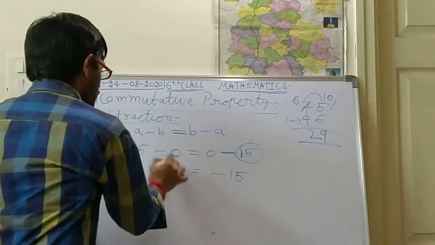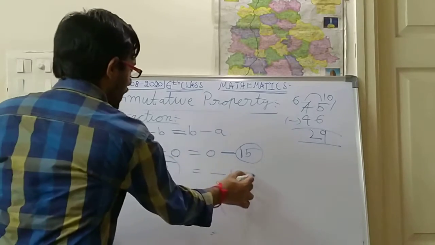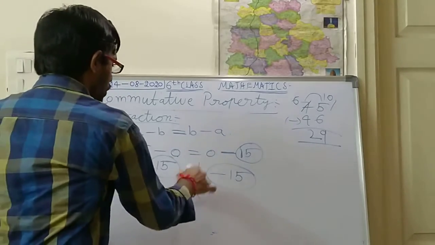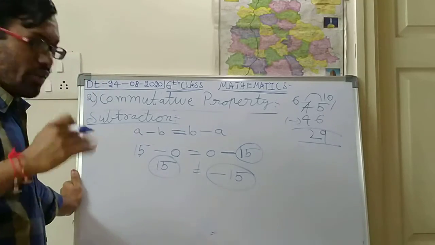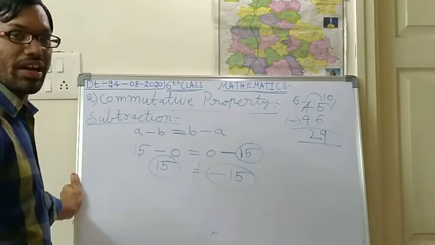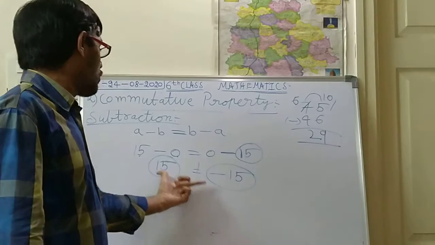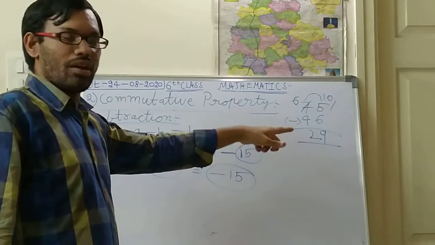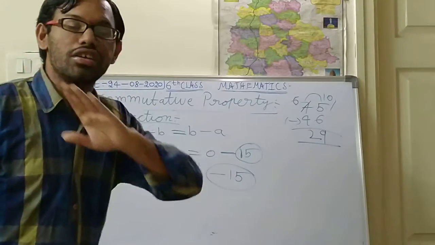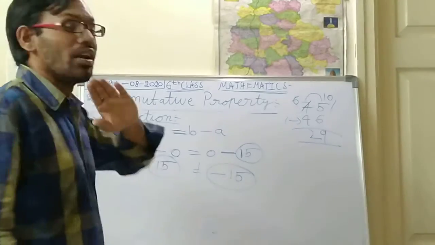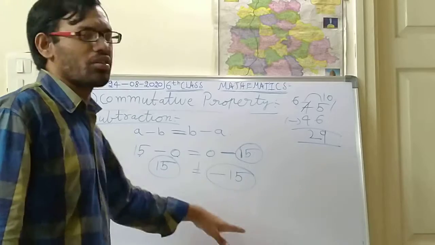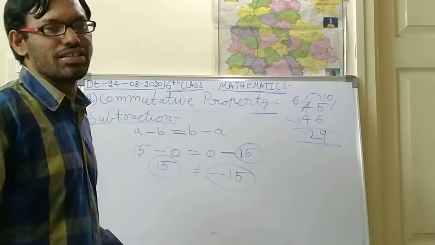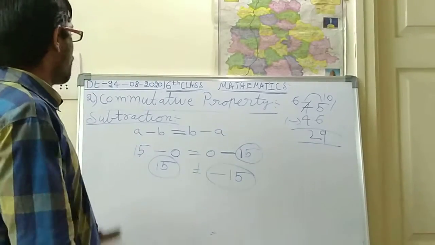This is positive 15, this is negative 15, so both are not equal. Is it right, children? So we conclude that the commutative property of whole numbers under subtraction does not hold, however many problems you take. So this is about subtraction.